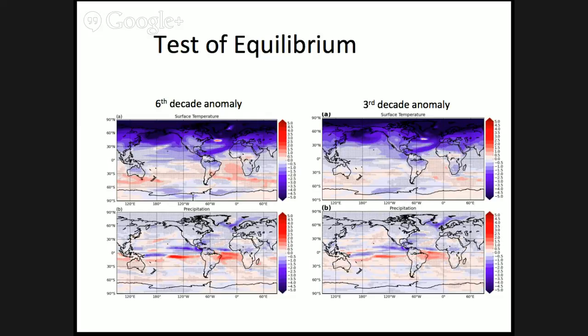You see that at the freshwater hosing area, you see the decreasing of the precipitation, and there's a southward shift of the Atlantic ITCZ and the Eastern Pacific ITCZ, and there's a decreasing of the South Tropical Western Pacific.